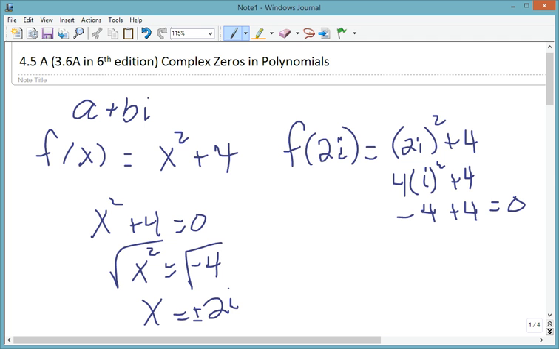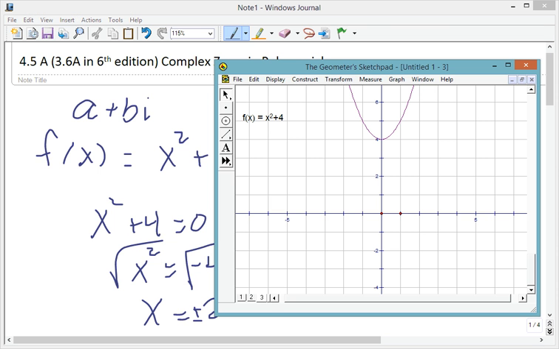Now, we also talked about the fact that a 0 is the place where it crosses the x-axis, right? So how does that work? Well, remember that when we're graphing something, we're talking about real numbers, right? So when we're talking about the x-axis, we're talking about real numbers.